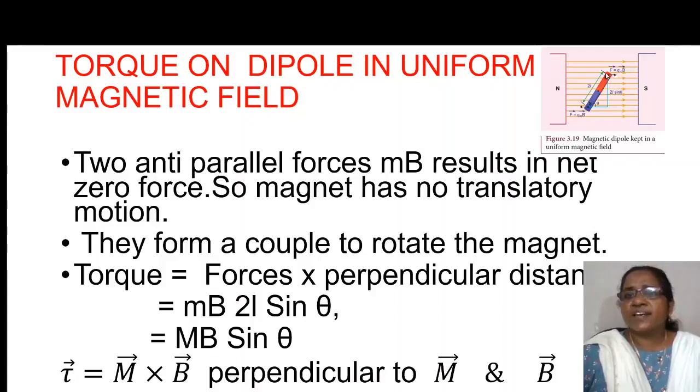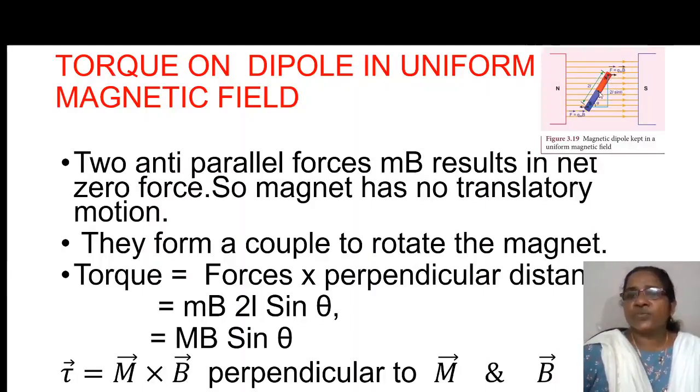This field exerts a force on this pole as F is equal to m into B. The same force will be acting on the opposite pole, but in the opposite direction. So the net force on the system is 0 and it produces no translatory motion. The magnet will not move from one place to another.